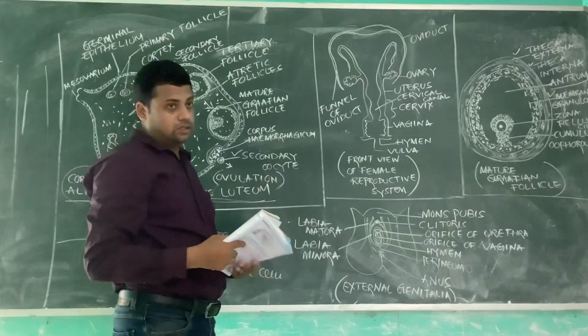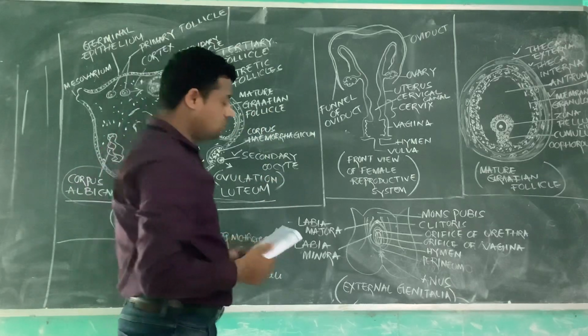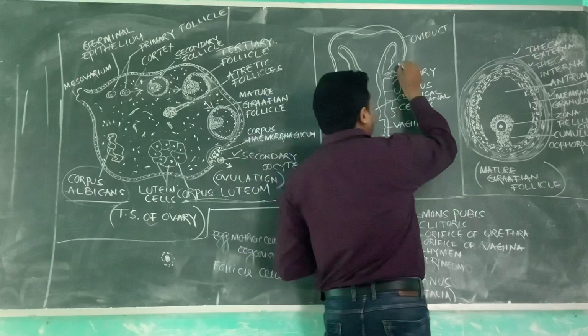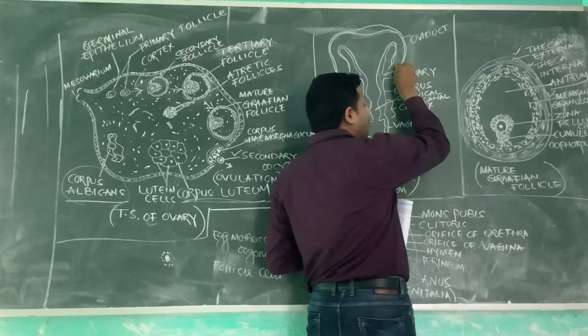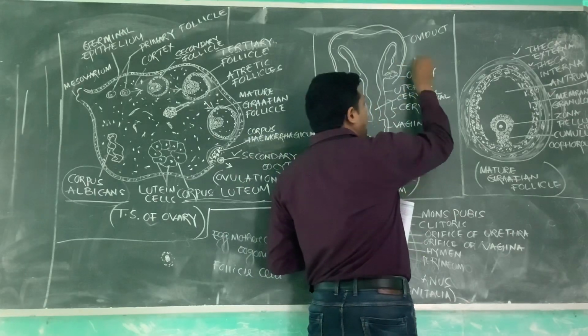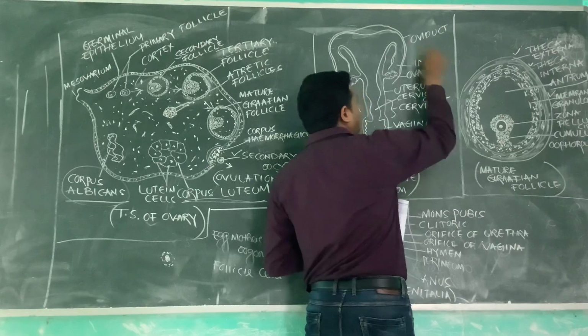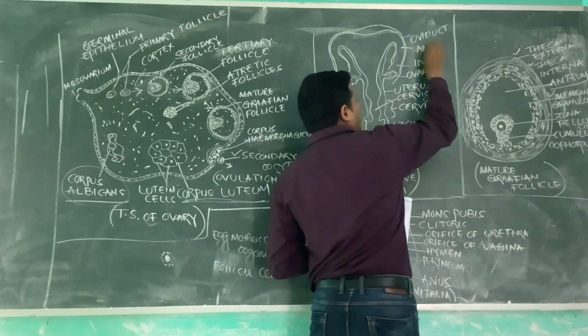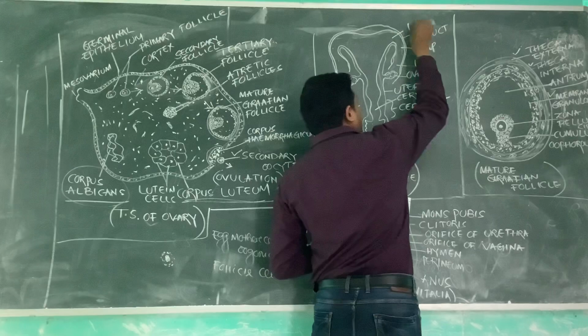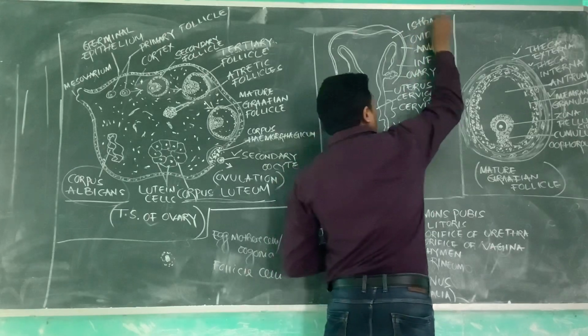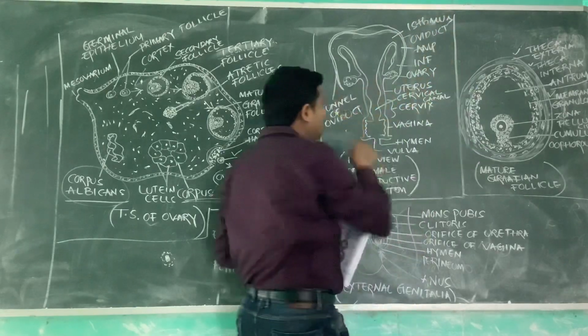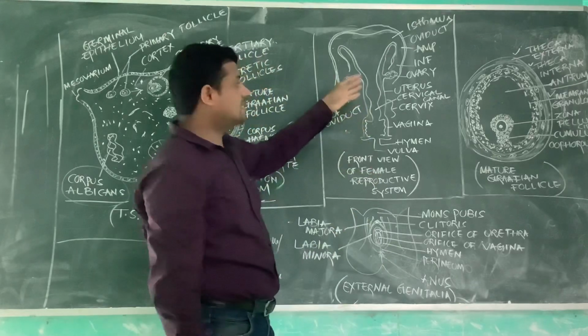Each oviduct or fallopian tube is differentiated into 3 parts: the infundibulum, ampulla, and the isthmus. Look at this diagram.